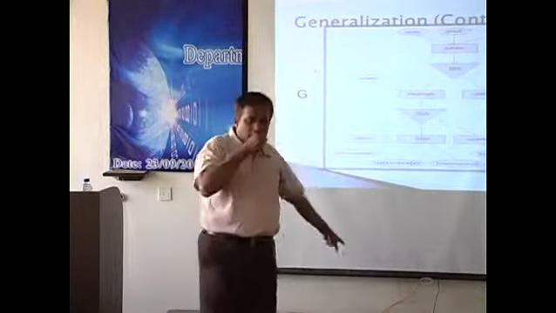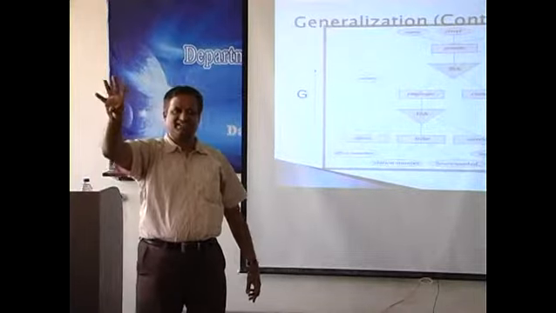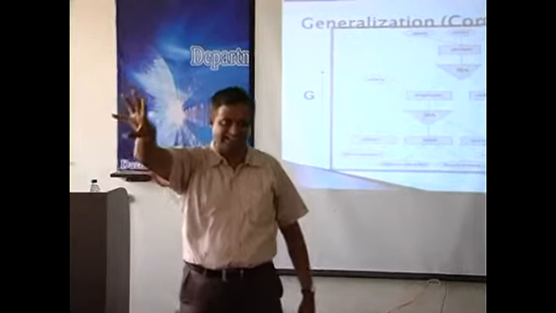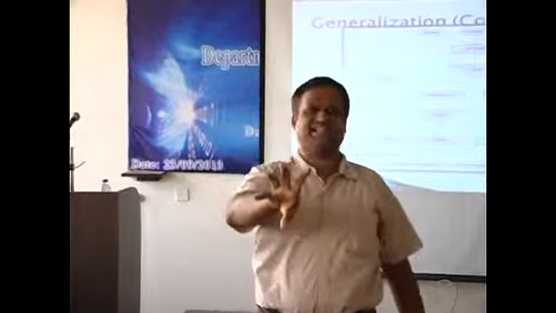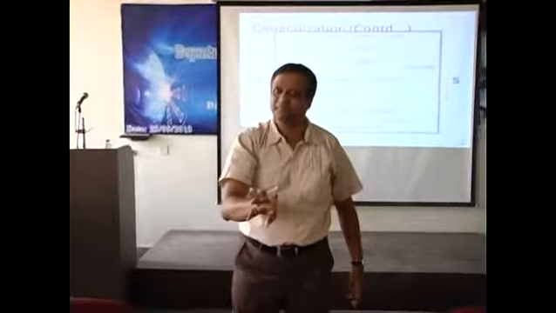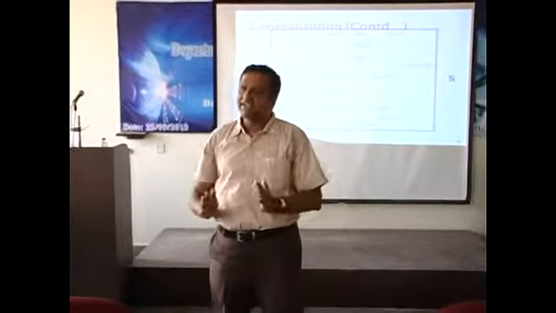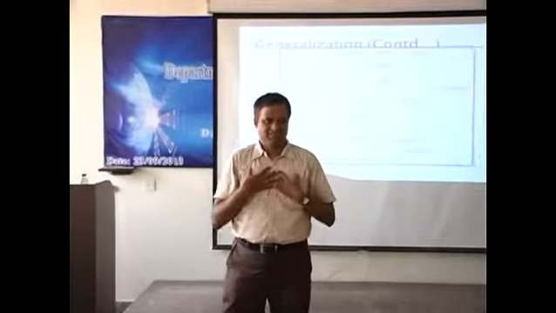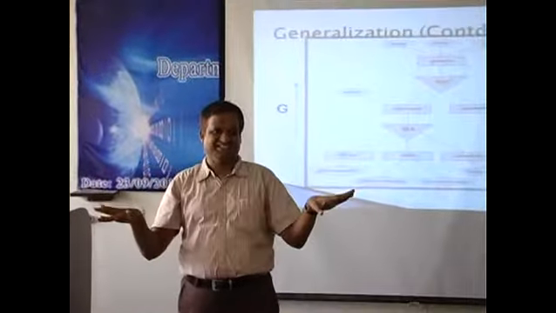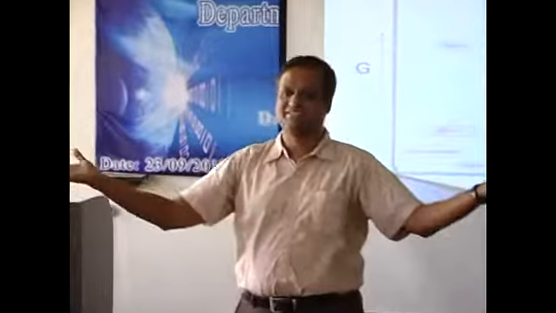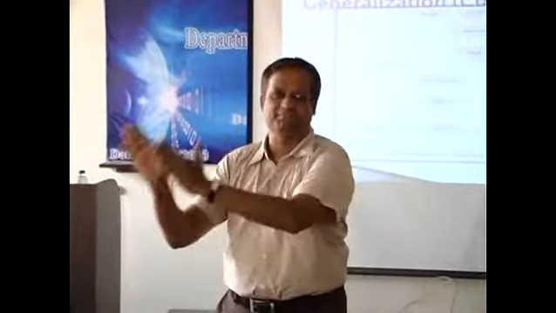An employee will have some basic public properties, but there will be some private properties for an officer. For a manager, there will be a manager ID. For an officer, there may be an officer ID. That is private to him. Private is something which you possess and don't share with others. Public is something which you share with everyone. Protected is something which you share only with some people.